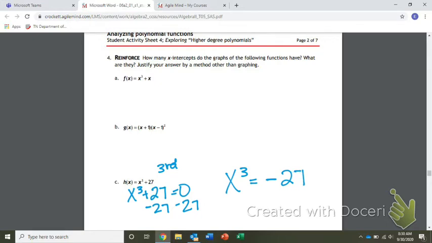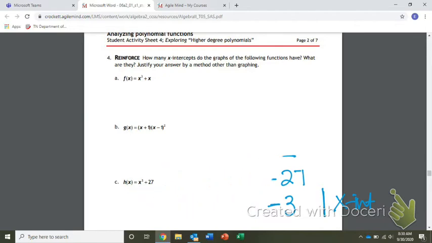When you have an x cubed, you take the cube root. So this is x equals negative 3. So here I just have one x-intercept.